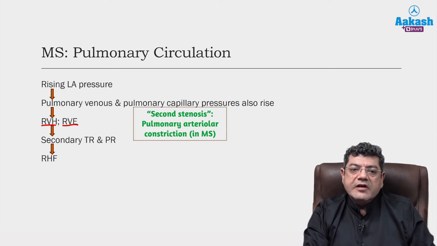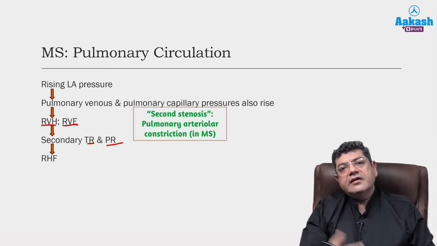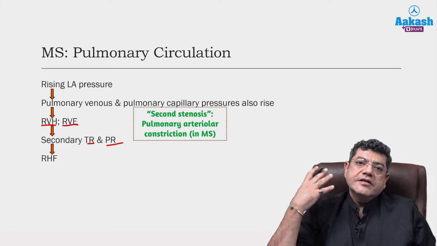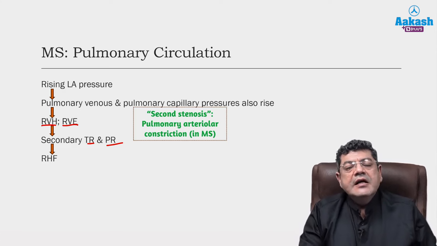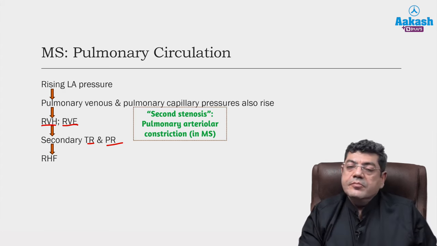So it will also give rise to secondary tricuspid regurgitation and pulmonary regurgitation, right? And therefore, when the right heart fails, these patients will develop peripheral edema, raised JVP, and a tender, tense hepatomegaly, right? So the raised pulmonary artery pressures play a very, very important part in the natural history of mitral stenosis.